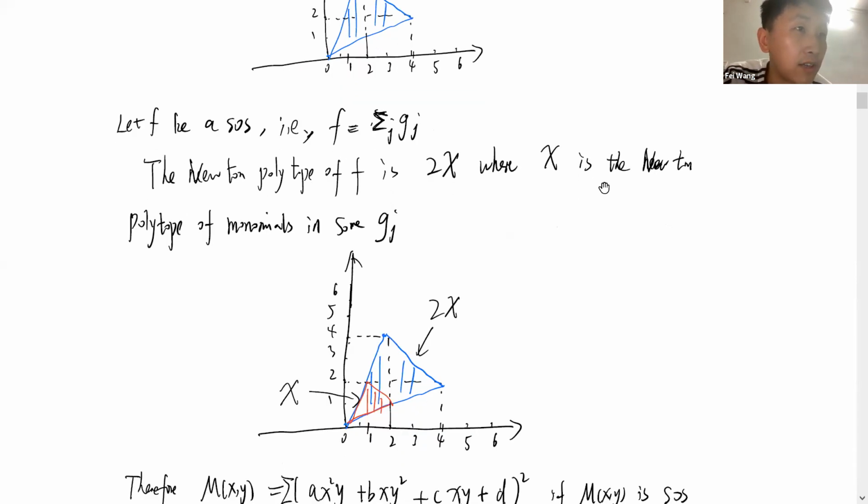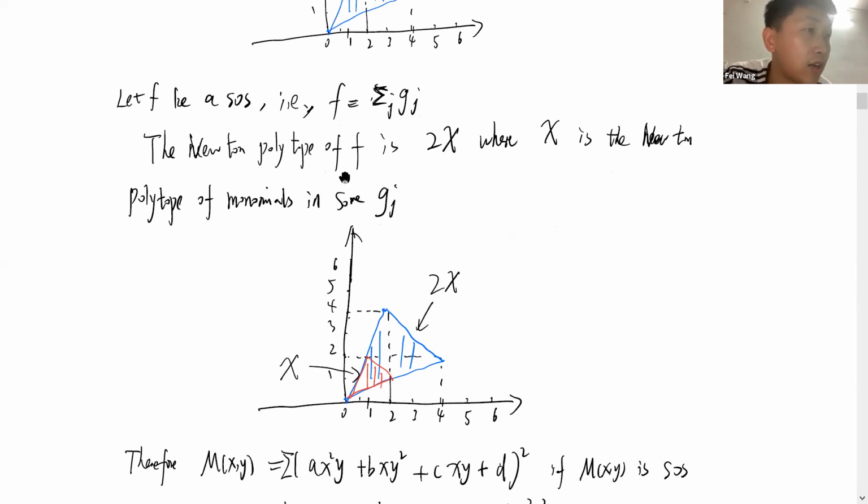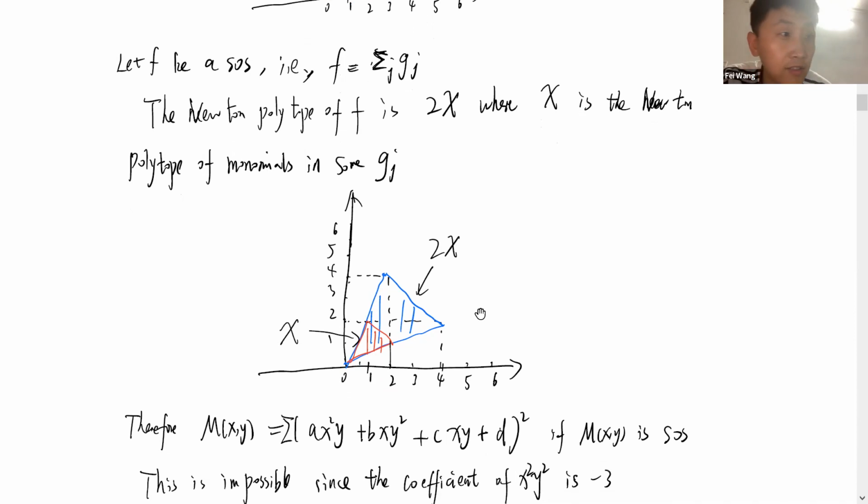It turns out that the Newton polytope of f is 2 times the Newton polytope of g.